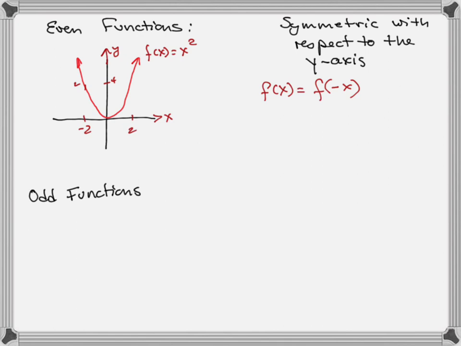And if you pick +2, you also get 4. -2, 4, and +2, 4. So f of x is equal to f of negative x, which in this case is a +4. Let me give you an example and show you algebraically what I'm talking about.